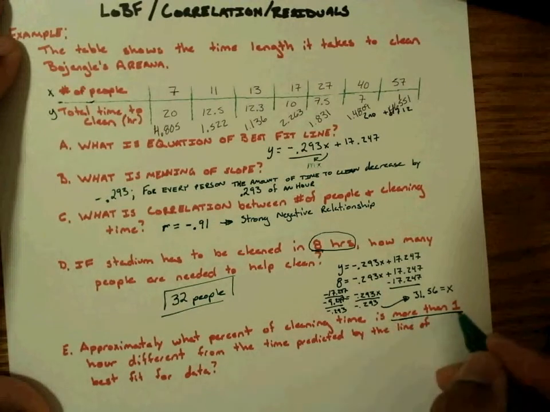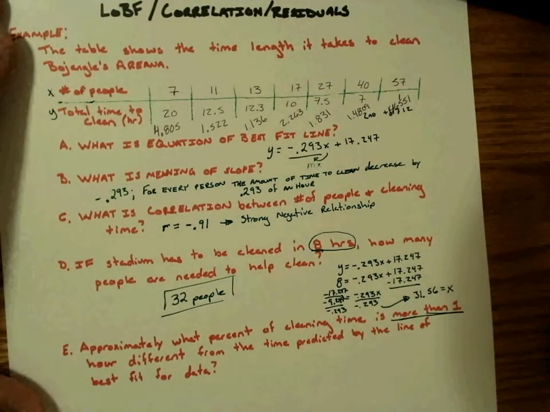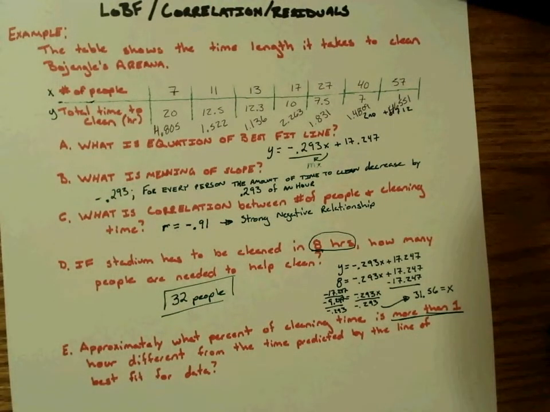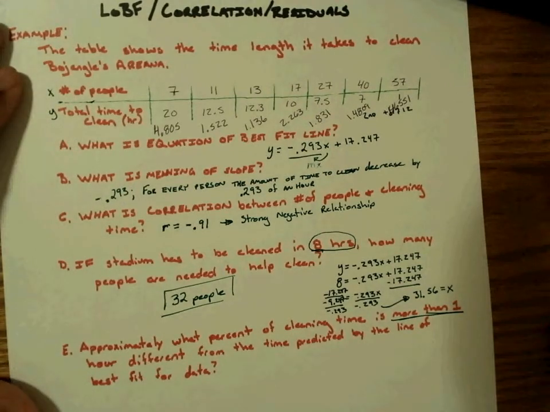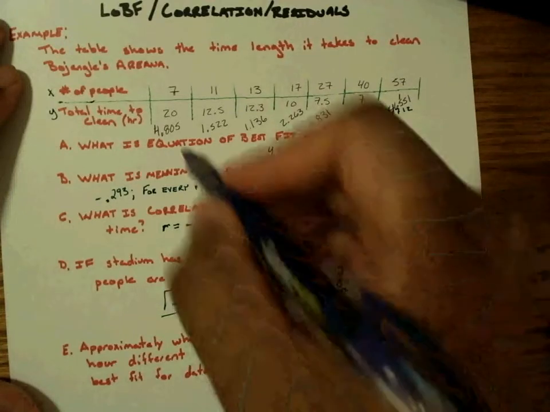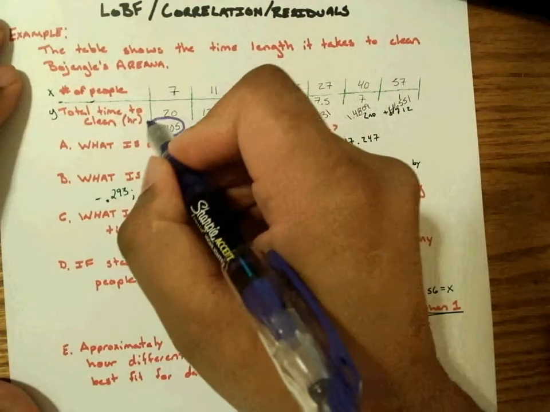And so the question asks, what percent of cleaning time is more than 1? So we're going to find all the ones that are more than 1. Sometimes this might say more than 0.5, more than 2, more than 2.25, but it says more than 1.